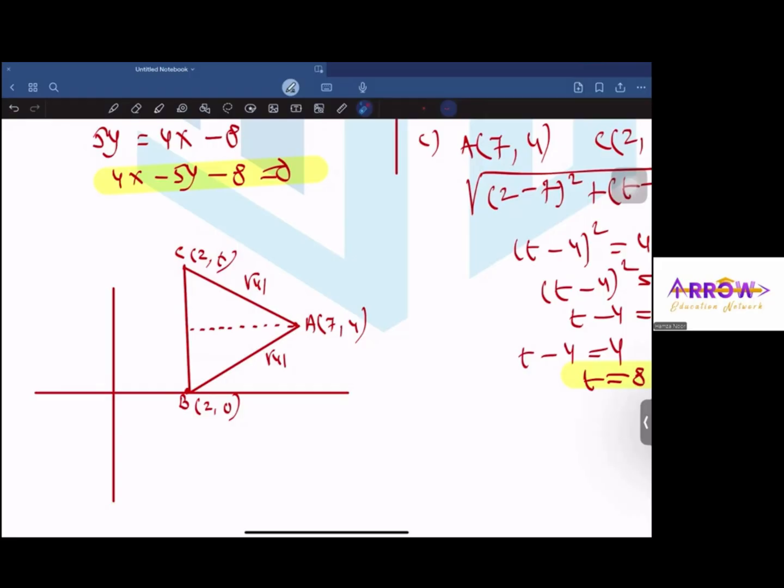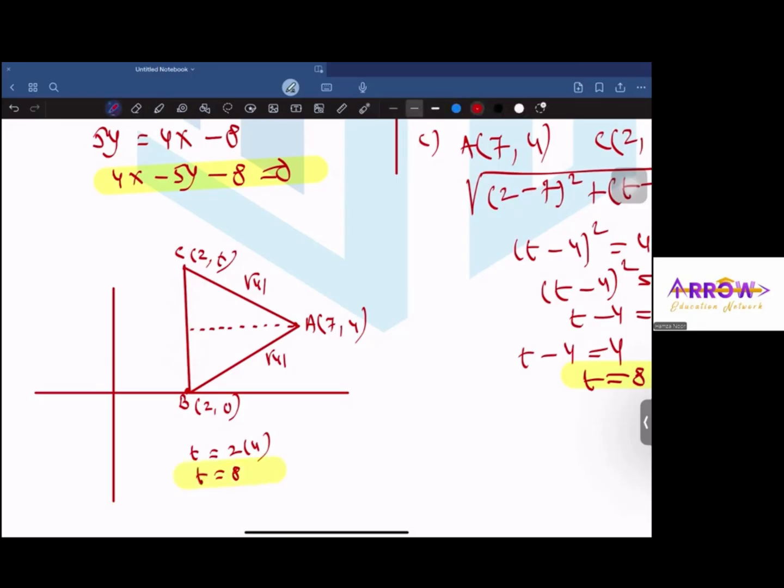So t is equal to 2 multiplied by the y coordinate of point A, meaning t is equal to 8. Because this length is 4, obviously this length is also 4. So t is equal to 8, you can obtain it in this way as well.